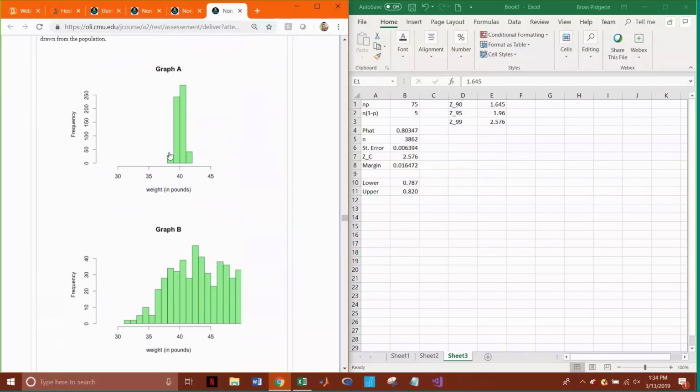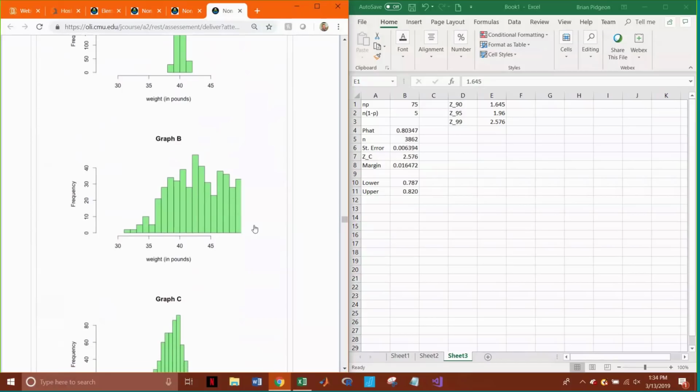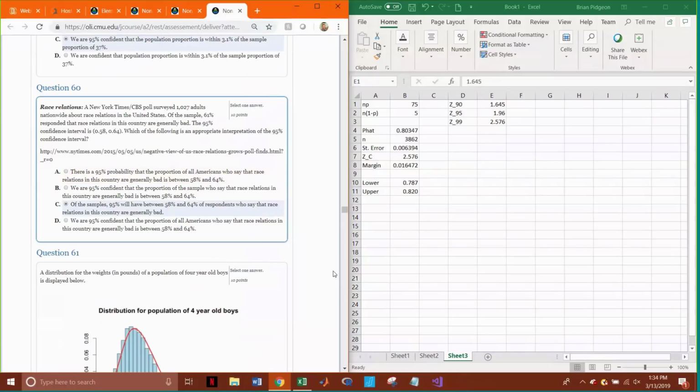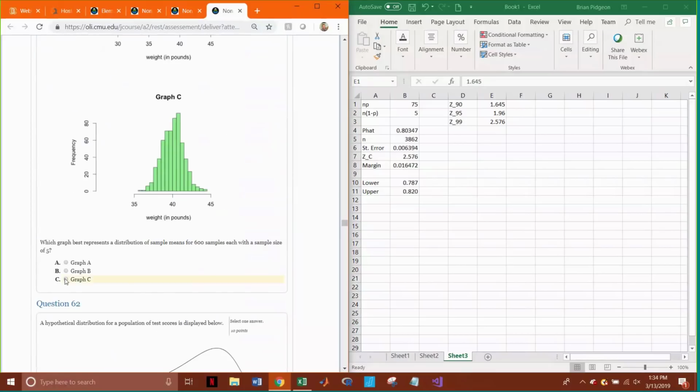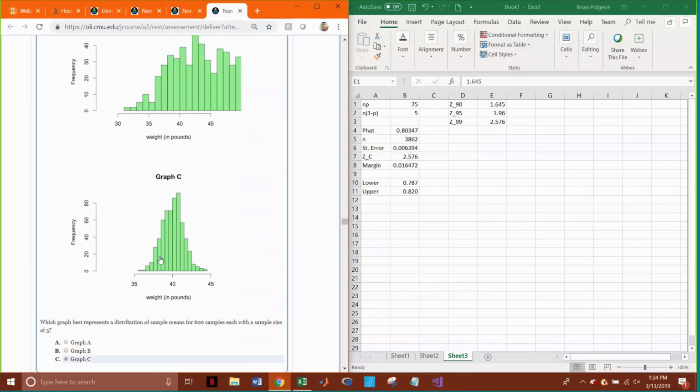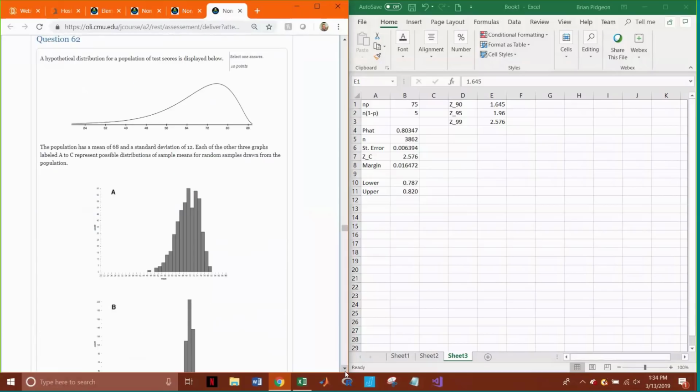Not impossible, but just highly unlikely. A sample size of 5 wouldn't produce a histogram like this. It doesn't even look like the population at all. Uh-oh. That changes my answer to 60. So that leaves histogram C. It's going to be slightly more normal than the population, centered at the mean, so choice C.